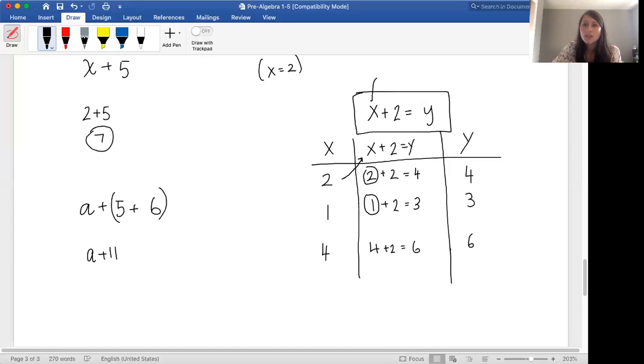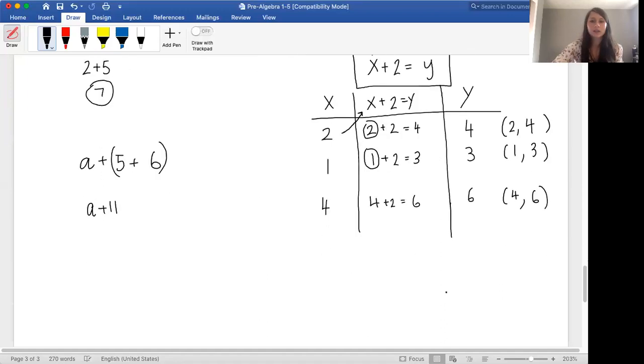What we put into our equation is what we call the input. And what comes out of our equation, the answer, is called our output. So an ordered pair for an input of 2 would get us an output of 4. For this equation, if we put an input of 1, the output would be 3. For this one, the input would be 4, and the output would be 6.